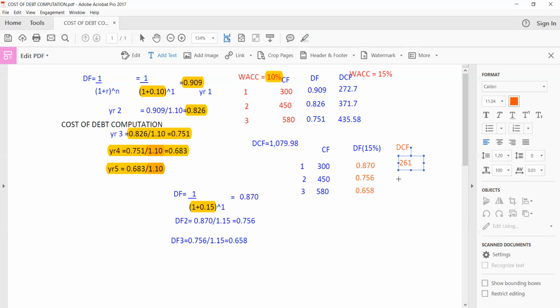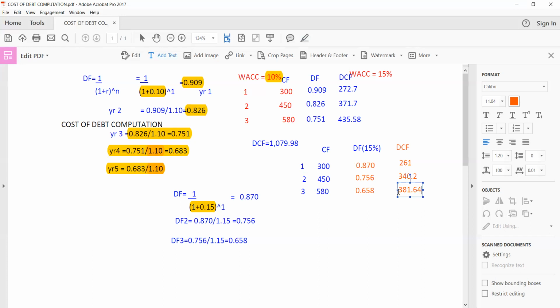That gives us basically 340.2. And the last bit, I have 580 times 0.658. So that gives us 381.64, right? So if I sum all up, what am I getting?